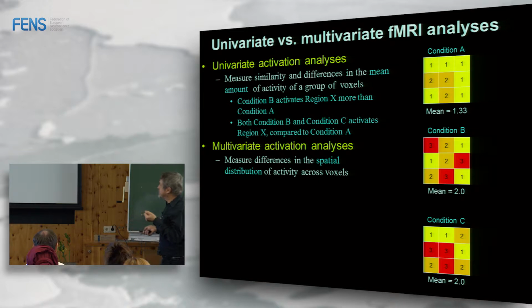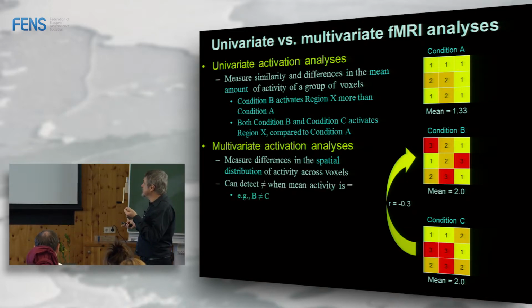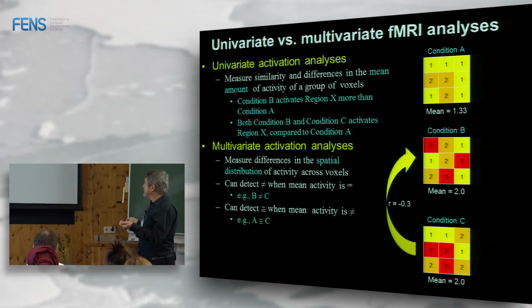Multivariate analysis measures the spatial distribution of activity across voxels, and importantly, it can detect differences when the mean activity is the same. Let's say condition C has the same mean activity, you see it's 2, but you can see a different pattern, because the correlation is negative, actually minus 0.3. But it can also detect similarities when activity is different.